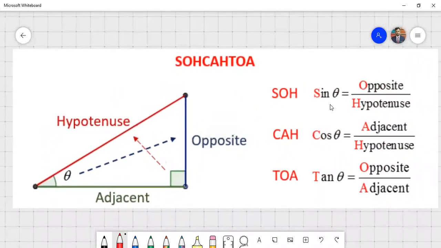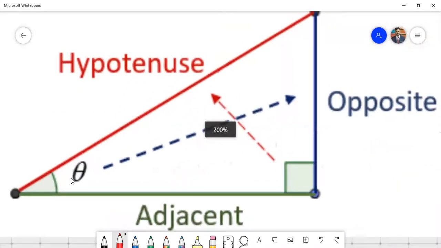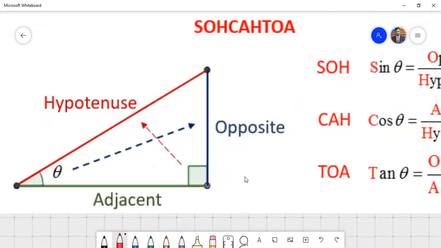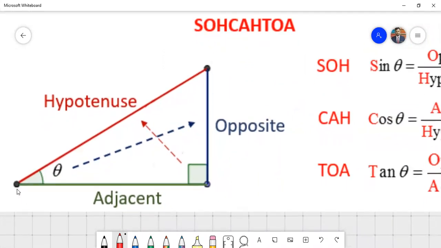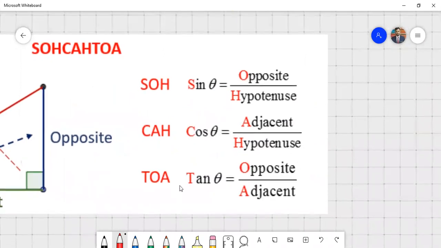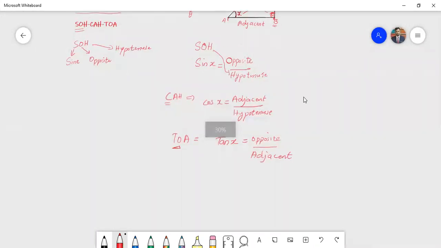So the side opposite this angle is the opposite, the side opposite the 90-degree angle is the hypotenuse, and the line between the two angles is known as the adjacent side. Now CAH means cos theta is equal to adjacent over hypotenuse, and TOA means tan theta is equal to opposite over adjacent.